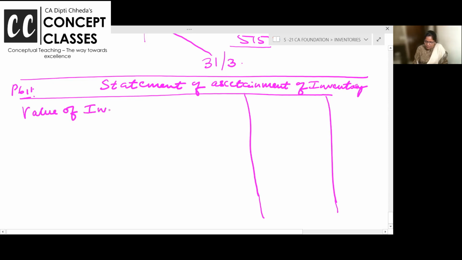Value of inventory as on 15th of April. How much is inventory on 15th of April? 5 lakh. Now whatever you have sold, add back.